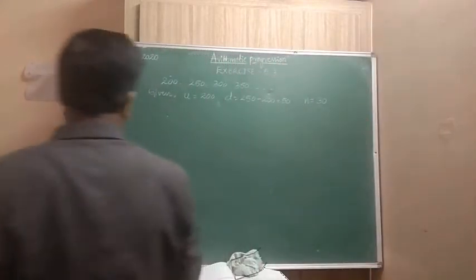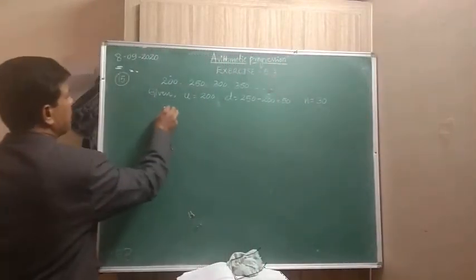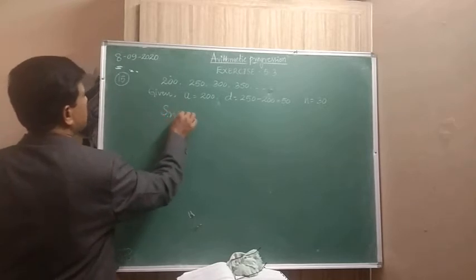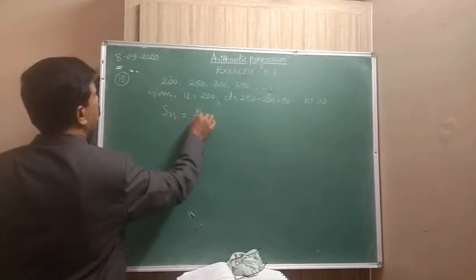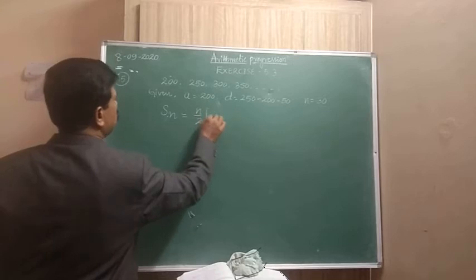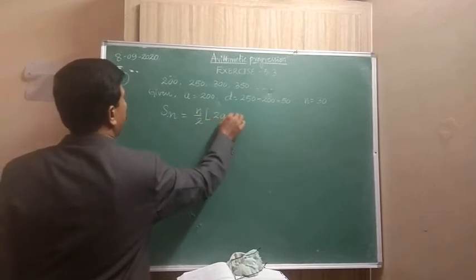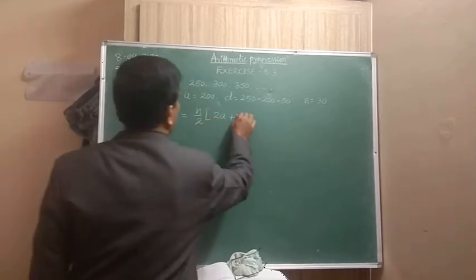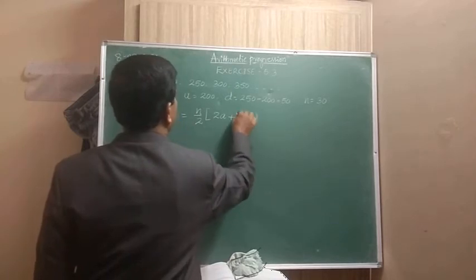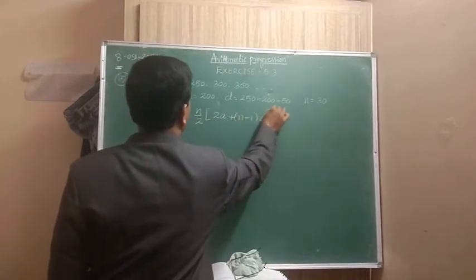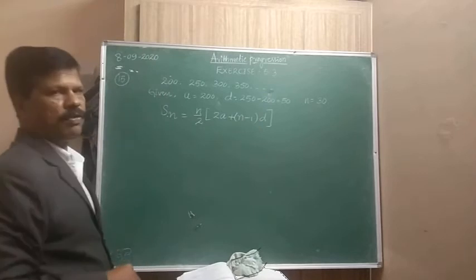Then what is the formula? Sn is equal to n by 2 into 2a plus n minus 1 into d. So write the formula.